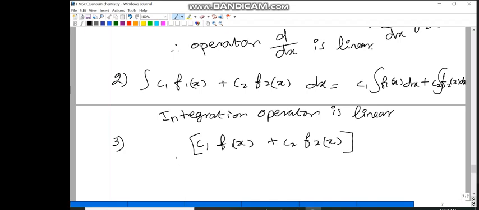Instead of square, you can put here square. So is it equal to c1 square f1 square of x plus c2 square f2 square of x? Is it correct, equal or not?